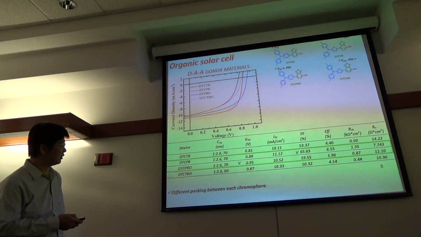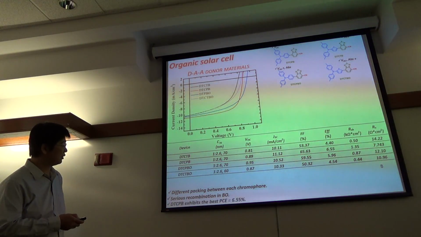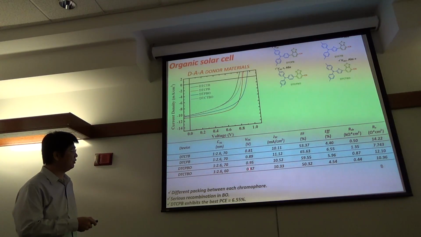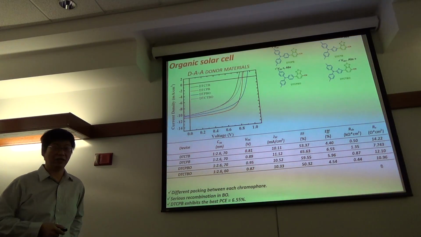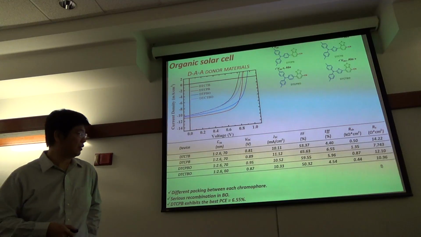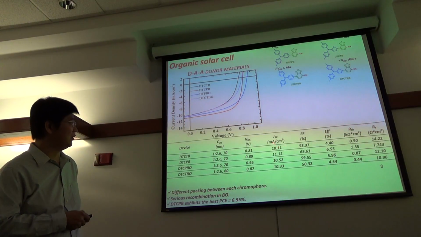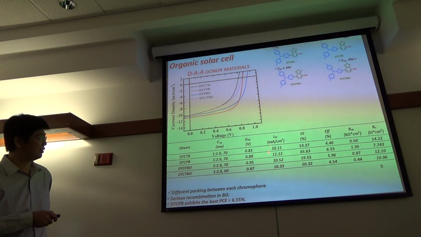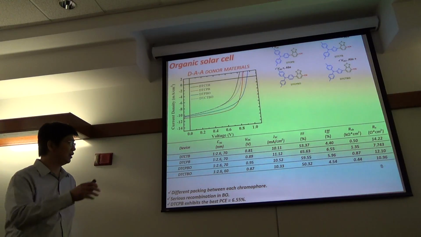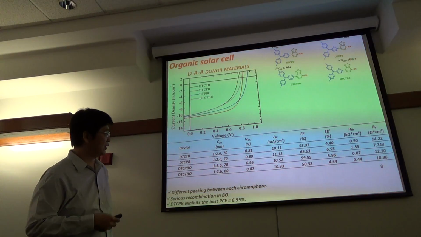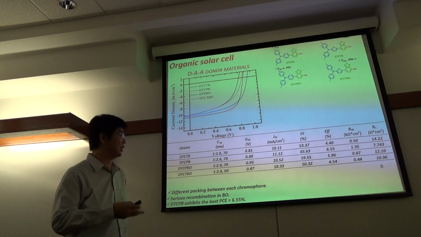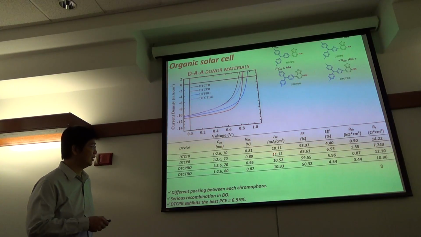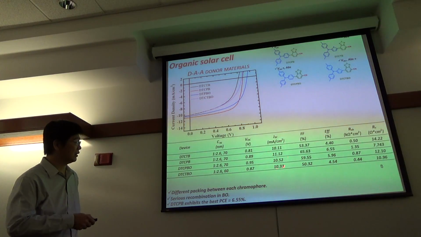Let me see everything. So the VOC trend is similar to what the chemists predicted, and the JSC is the same. It is not changed too much because we have a very strong absorber in C60. So JSC was determined by the absorber material.